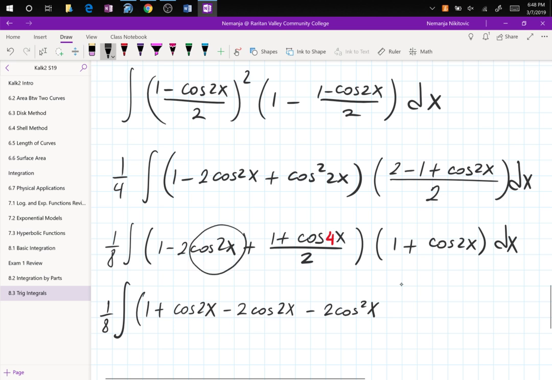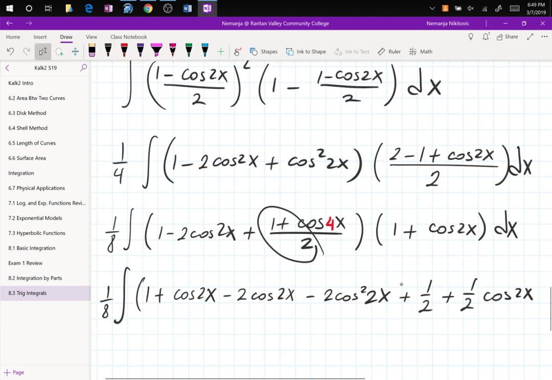When I multiply cosine 2x times cosine 2x is cosine squared, right? Oh yeah, you said cosine 2, so cosine squared 2x. Maybe if I write it, it would be better. So now I'm done with this one. So that's 2 out of 4, because now I have to multiply everything by a half. That's a good effort. So we have plus 1/2 and plus 1/2 cosine 2x. That's when I multiply this one into both.